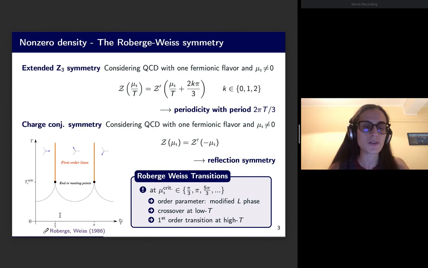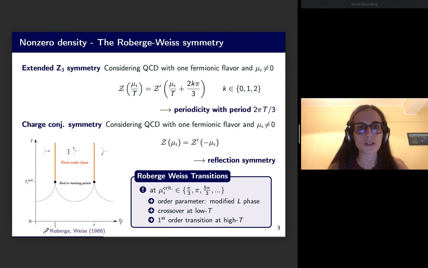However, the peculiarity here is that every beta and every temperature is critical along this boundary. And the only thing that changes from low temperatures to high temperatures is that the nature of the transition changes. You have a crossover at low temperature, and you have first order phase transitions at high temperatures.